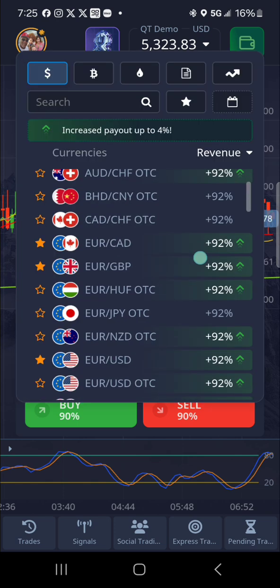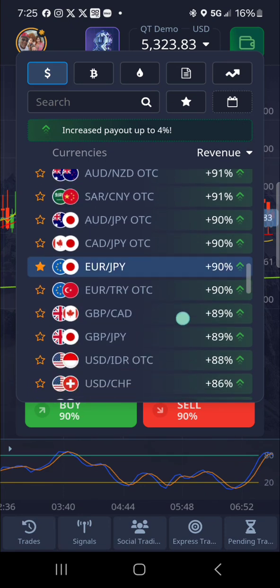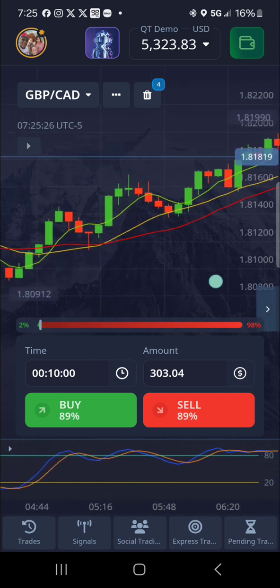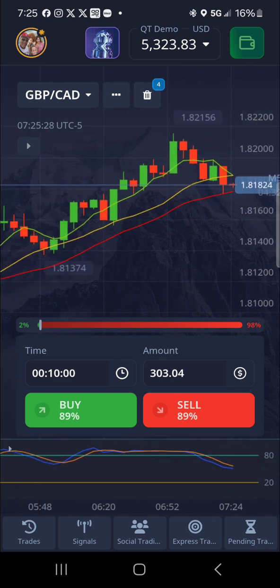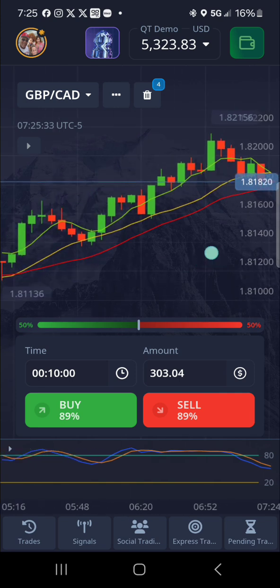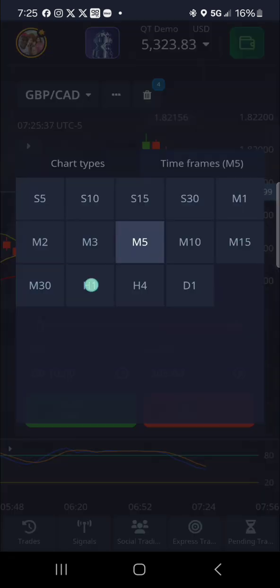Euro JPY. Go ahead and favorite that one. I know I probably have more than 5 already, but the more you have, the more opportunities you have. Today is a better day than yesterday, that's for sure. Let's look at the hour time frame.